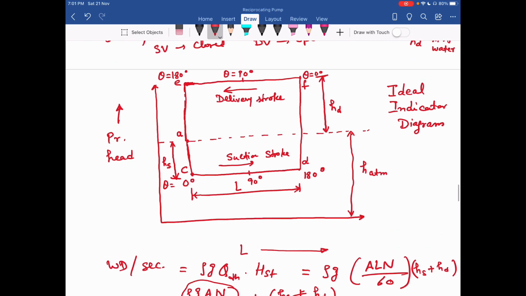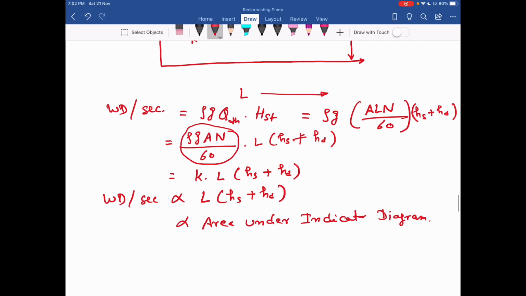You can see here, this is the side L, and this is the side HS plus HD. So work done is proportional to the area under the indicator diagram.